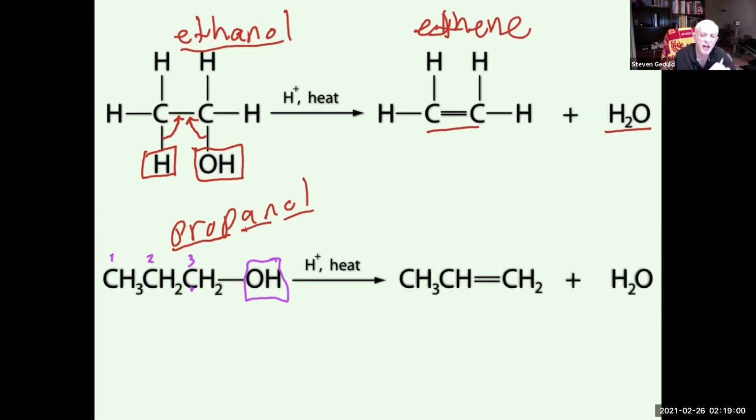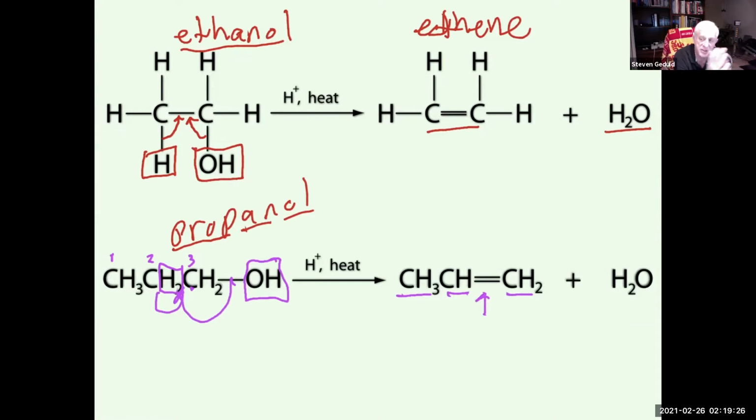You have to lose a hydrogen from the adjacent carbon. So it has to be number 2. It has to come from right here. And that gives you our CH3, CH, CH2 with our double bond, because these electrons swing into here, and these electrons swing from here to create the double bond. Remember, once you have your OH group, you have to lose the hydrogen from an adjacent carbon.